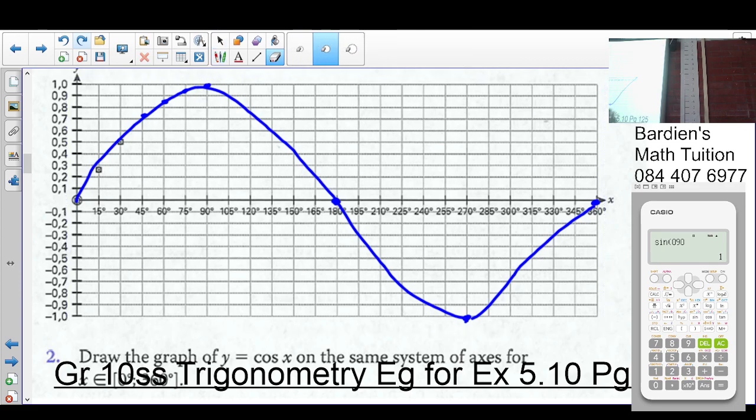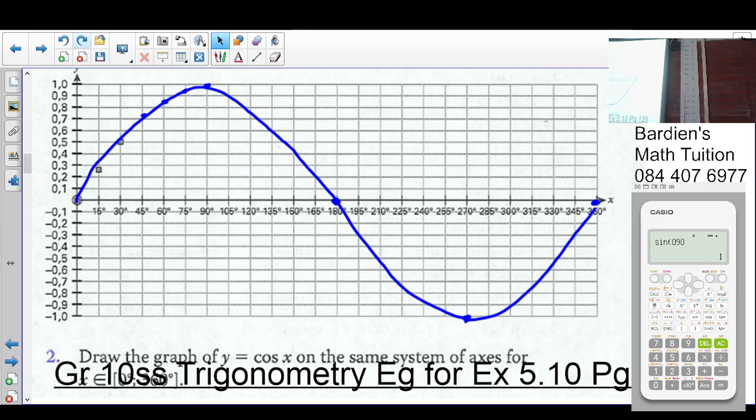Okay. As you can see, what letter does that look like? S. Z. S. Skew S. Z, M, whatever. Okay. A sine. Okay, so people, that is that graph.